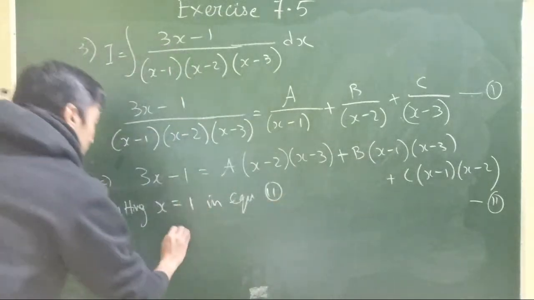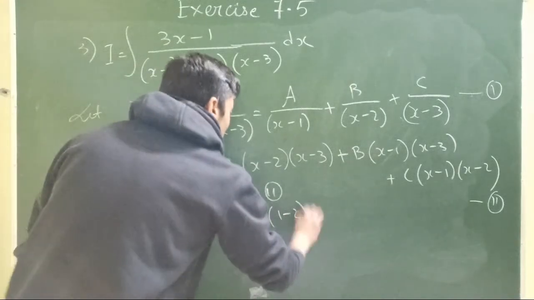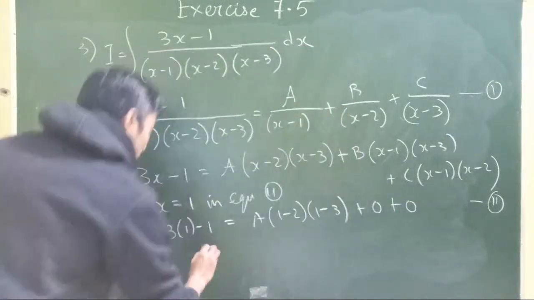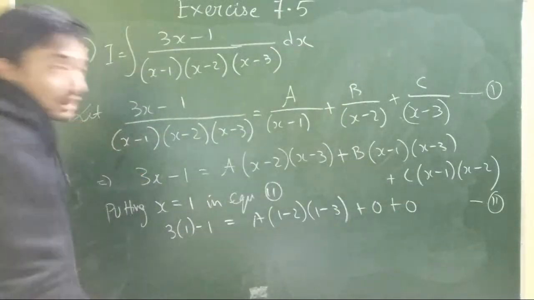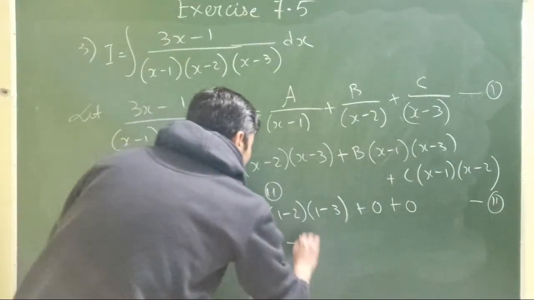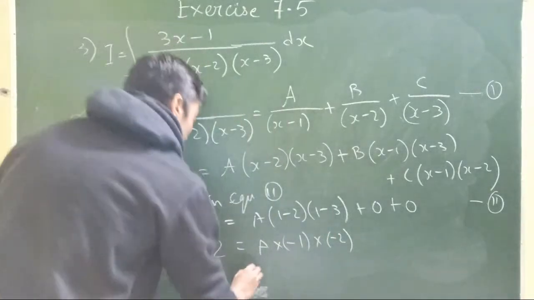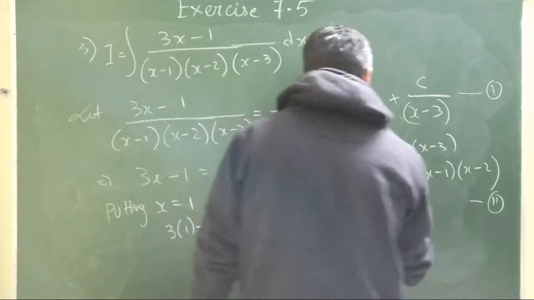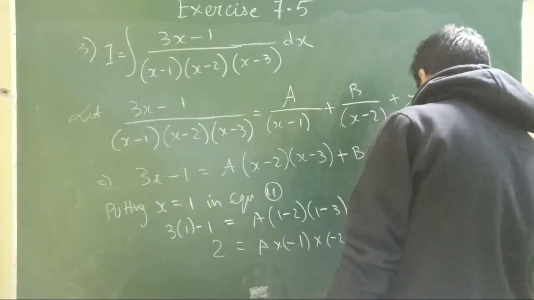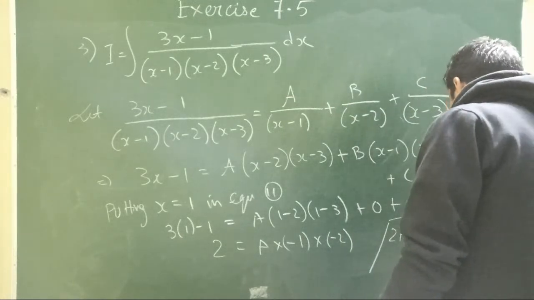What do we have? 3 into 1 minus 1 is equal to A into 1 minus 2, 1 minus 3. Plus disappeared. So 3 1s are 3, minus 1, we have 2. That's equal to A into minus 1 into minus 2. So that will be twice of A equal to 2A.